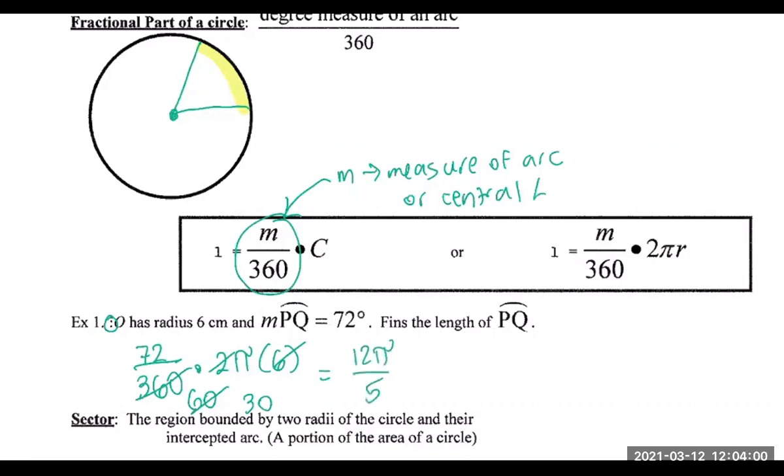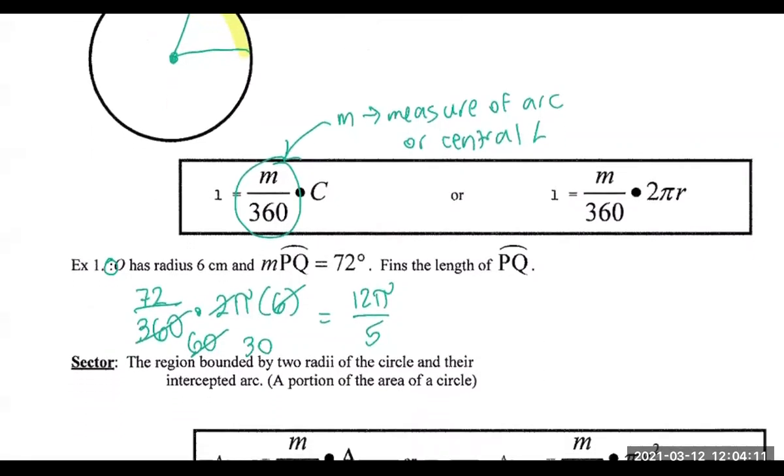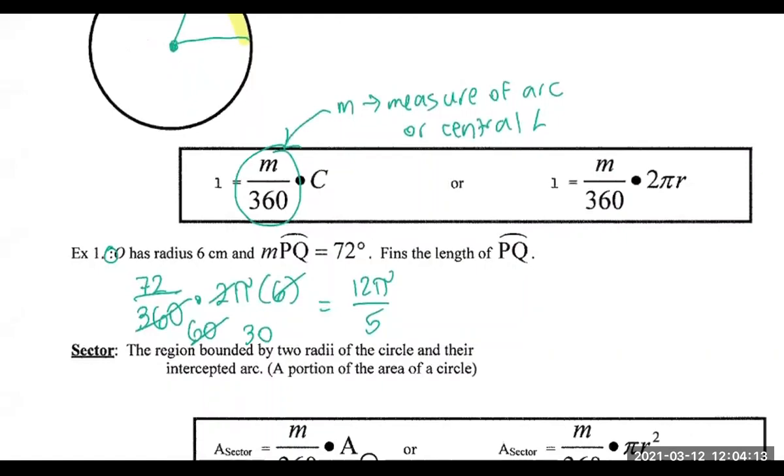I'm going to show you how to do that on the calculator so it's nice and easy, but basically every number that's on top over every number that's on the bottom, the pi is either written on top or to the side. So 12 pi over 5 is the length of arc PQ in calculator ready form.